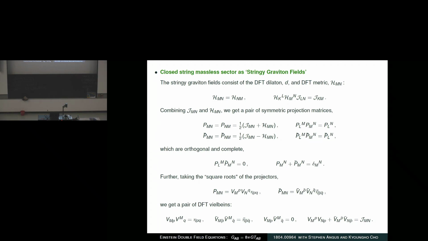Combining O(D,D) invariant metric J and H, one can construct symmetric projection matrices, P and P bar. P square is P, P bar square is P bar. They are orthogonal and complete.